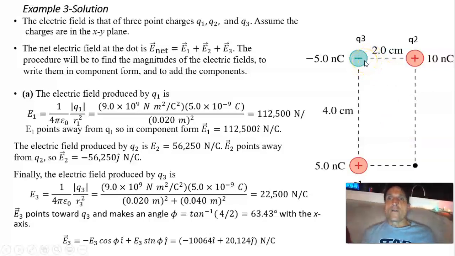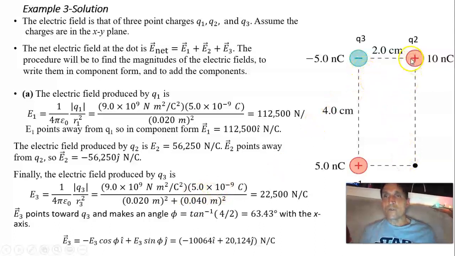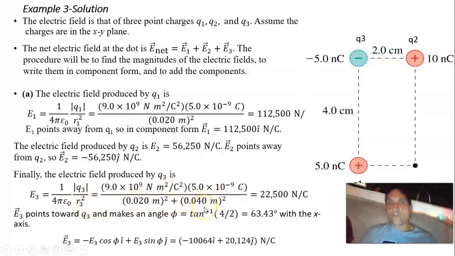Okay? So the magnitude of Q3 is 5 nanocoulombs. The distance, we have to use Pythagorean's theorem, right? It's equal to 2 centimeters squared plus 4 centimeters squared to the 1/2 power. So that's the distance. Fortunately, it's squared in the denominator, so we just add the squares.